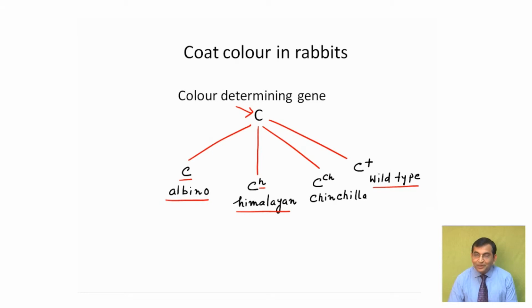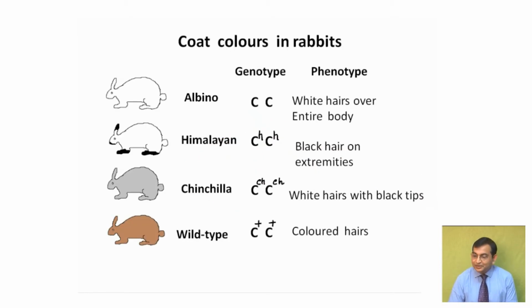Now, coat color in rabbits: albino, which is represented by the genotype cc, has white hairs over the entire body. So, it is called albino. In the case of Himalayan, which is represented by a genotype of chch, it has black hairs on extremities.